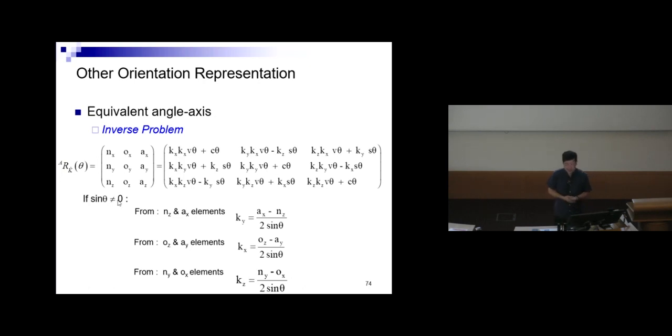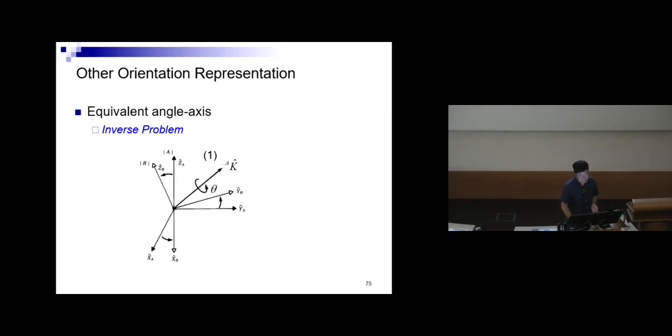What happens if sine theta is equal to 0? The denominator will become 0, so ky will become infinity. So there's a condition here: your sine theta cannot be equal to 0. There's a possibility of two unique solutions.